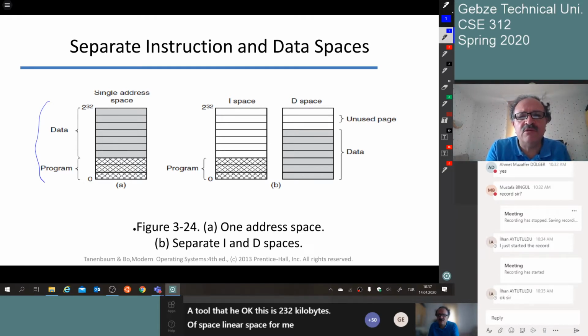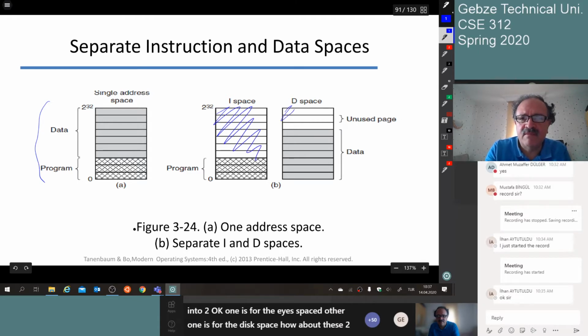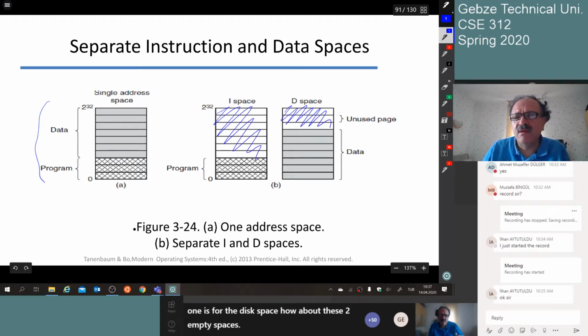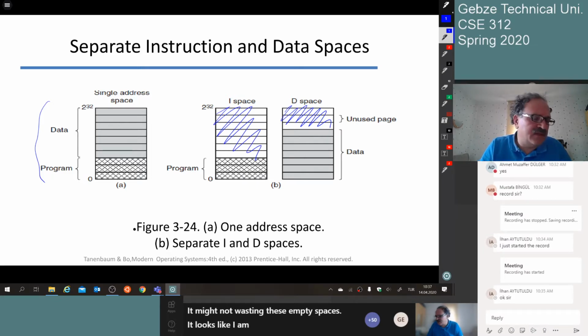If I divide this into two, one for the I space, the other one for the D space, how about these two empty spaces? Am I not wasting these empty spaces? It looks like I am wasting these empty spaces, right?